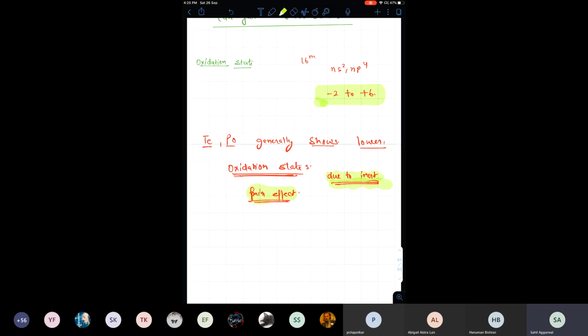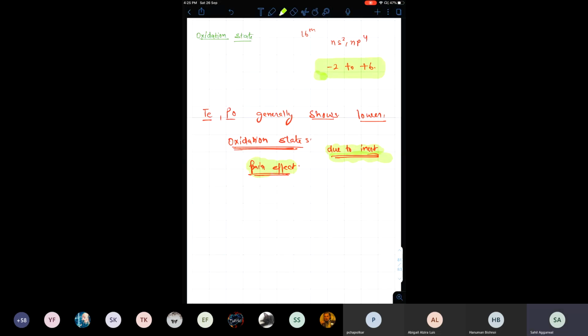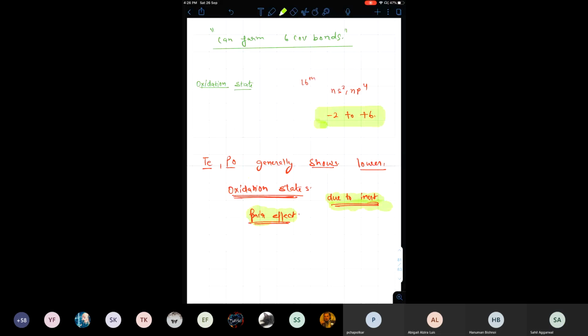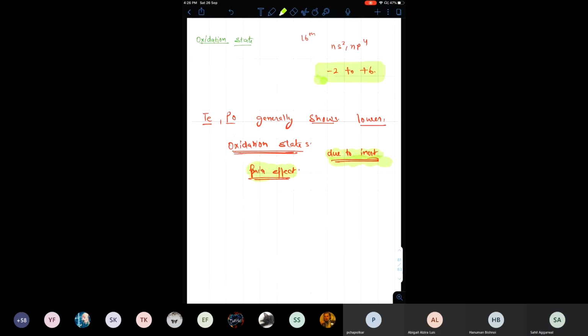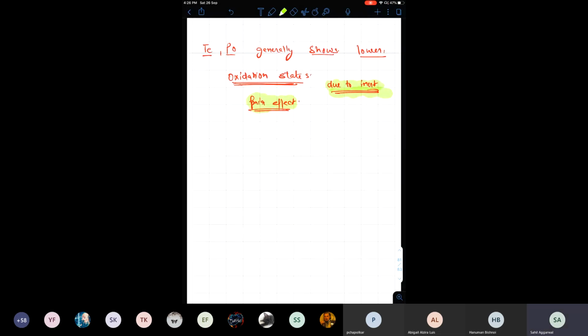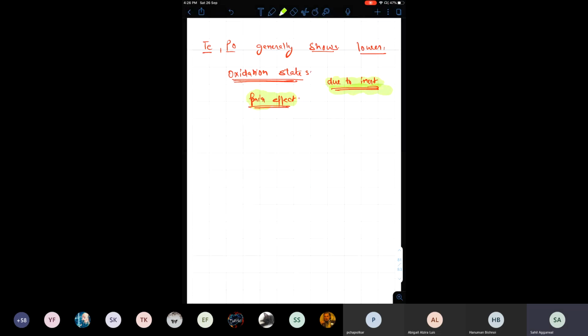So wherever you are answering inert pair effect, better you write the definition as well, for filling out your answer. Understood?